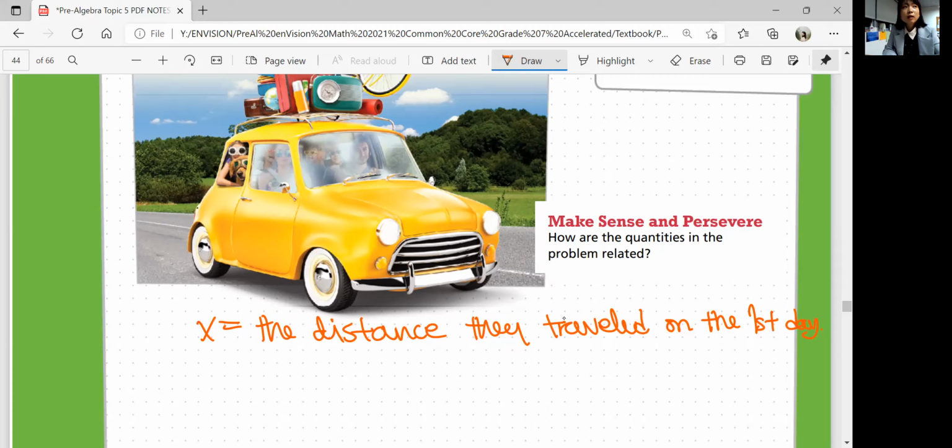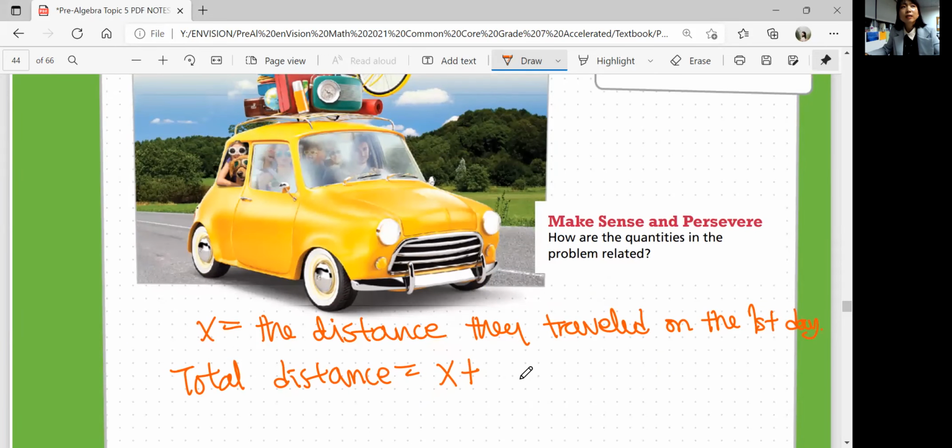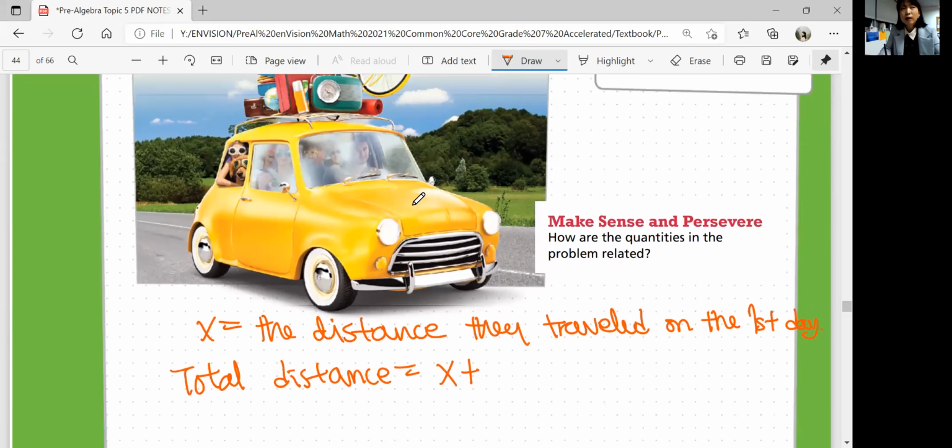Okay, so then total distance is the distance they traveled on the first day, X, plus the distance they traveled on the second day. In terms of X, how can we write the term for the second day? 3/4 times X would be the total distance they traveled on the second day, right?